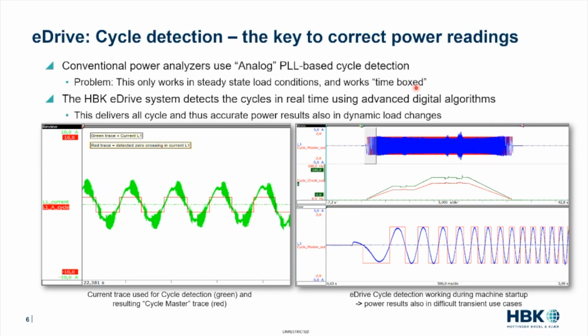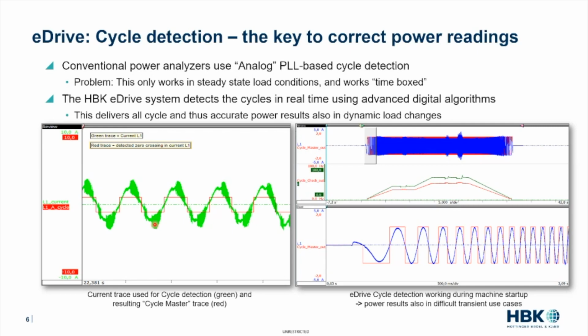Now we have a completely different approach to that. We really have reinvented the way to do this, meaning we have a digital algorithm which detects the cycles in real time. So we do not do a time box and then try to find a frequency, but we detect cycles in real time. You see in this example, the green trace is a current in a drive with all the distortions on it, switching frequency, ripples, and whatever you see.